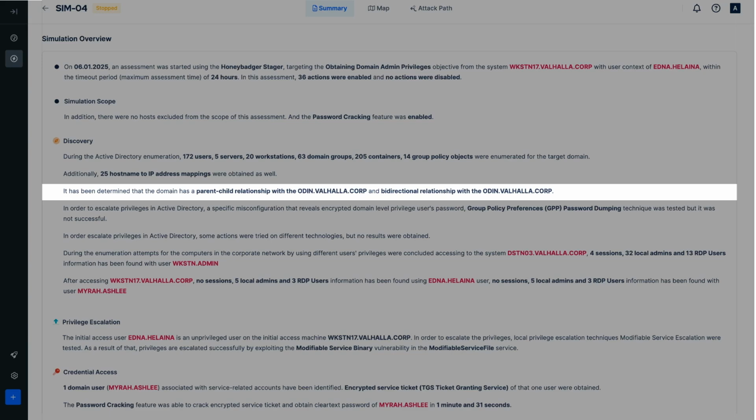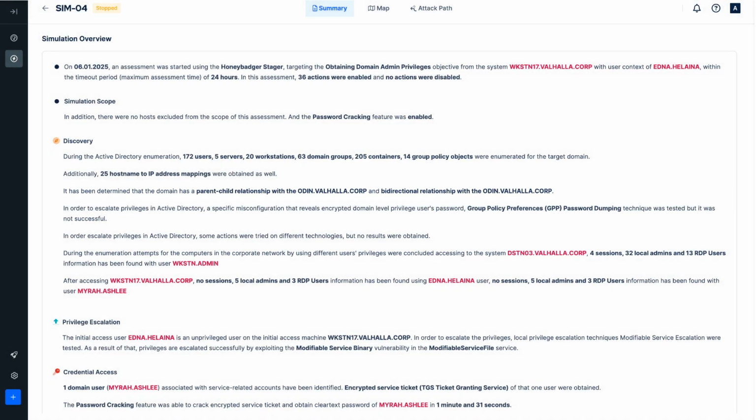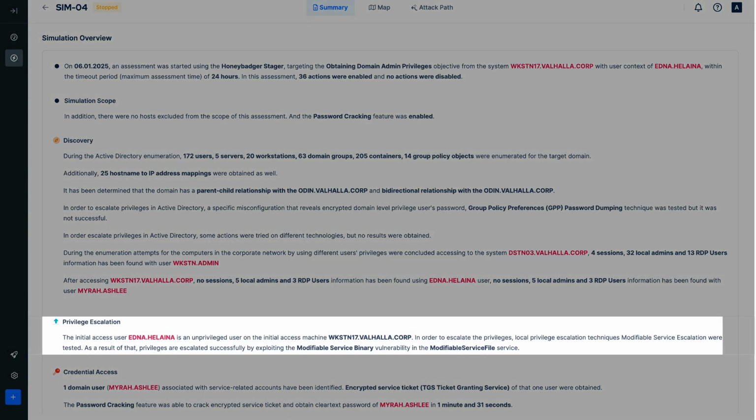The privilege escalation section shows that Picus APV had successfully exploited the modifiable service binary vulnerability to elevate privileges using an unprivileged account. After this process, the assessment was continued with NT authority system privileges on the Workstation 17 machine.